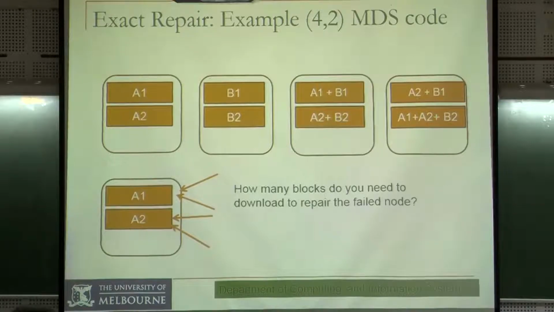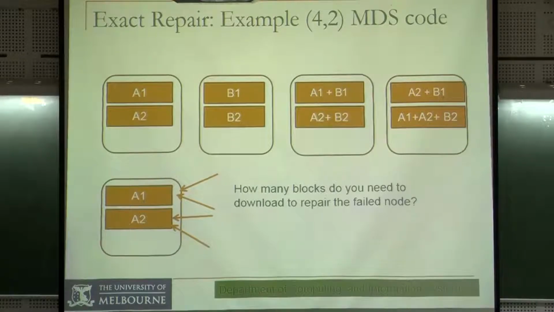This is an example. So when some node fails, how many blocks do you need to download to repair the failed node? For example, A1, A2 has failed. Don't worry about how this code is constructed, because I'll come back to it when we understand a bit more. But assume that you will see 2 bytes every time, so you may have some questions on it.